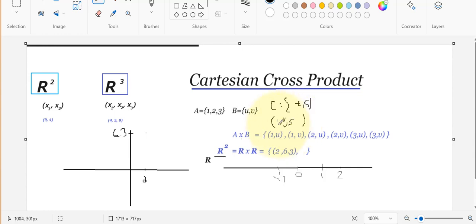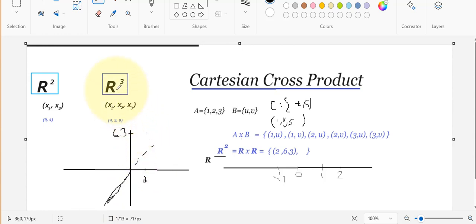So we get ordered triples. If we did A cross B cross C, it would be a set of ordered triples. And we could also do R cross R cross R, which would give us, like, 2, comma, 6.3, comma, 8 or something. And we can think of that as points in R3.